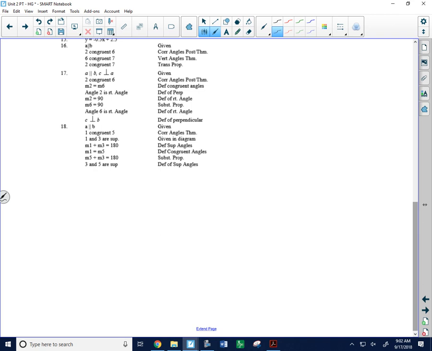Okay. Hey, so on 18, given the corresponding angles postulate, prove 3 and 5 are supplementary. This is the same side interior angles theorem. So I said because A and B were parallel, you could make a conclusion about angles. And so I said 1 and 5 are congruent, corresponding angles postulate.